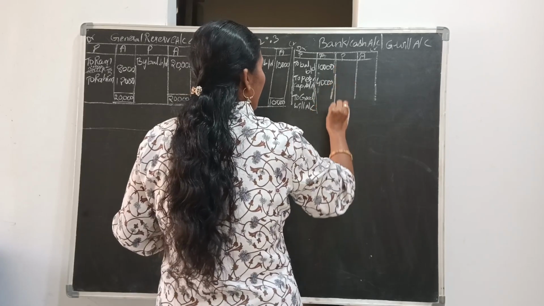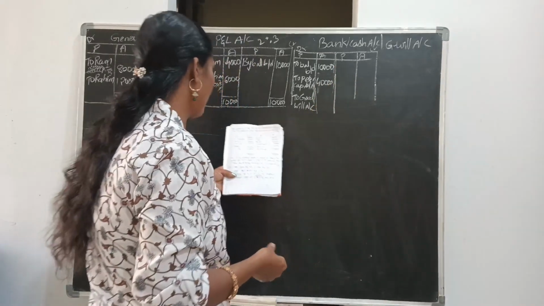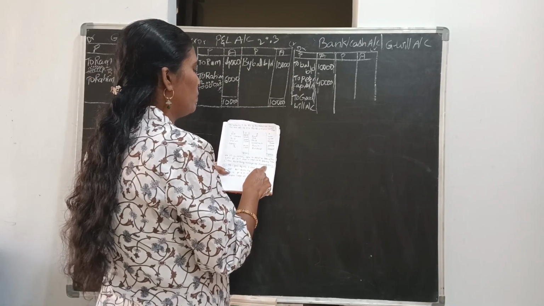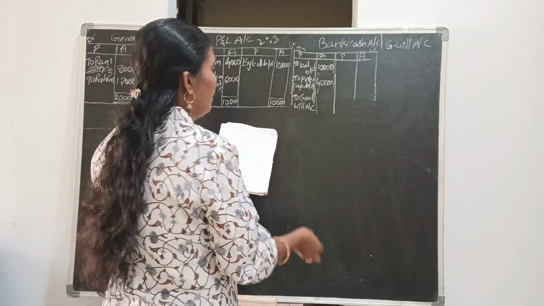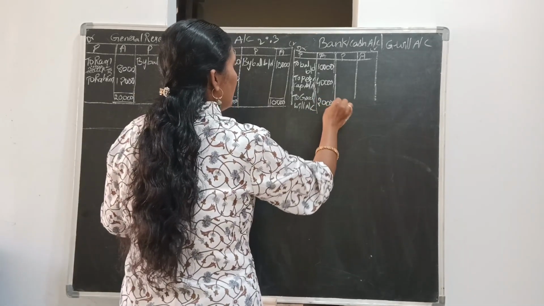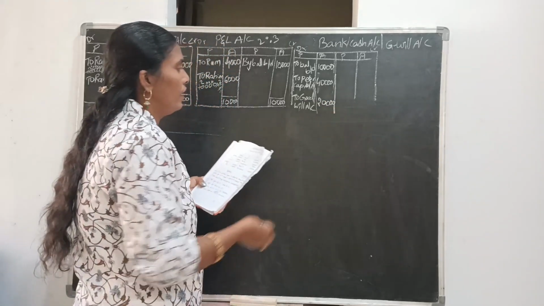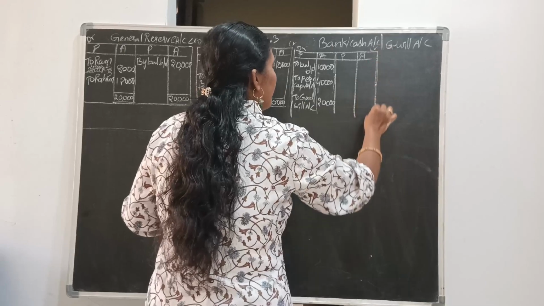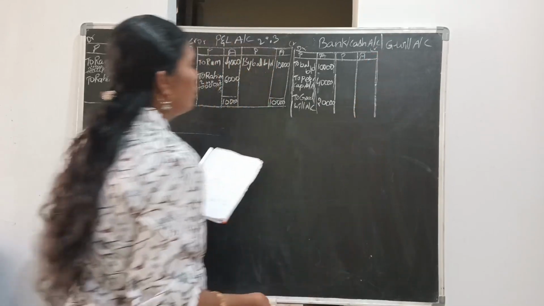What is the goodwill? The new partner brings 20,000 as goodwill, in cash. Coming to the credit side, there is nothing to post.